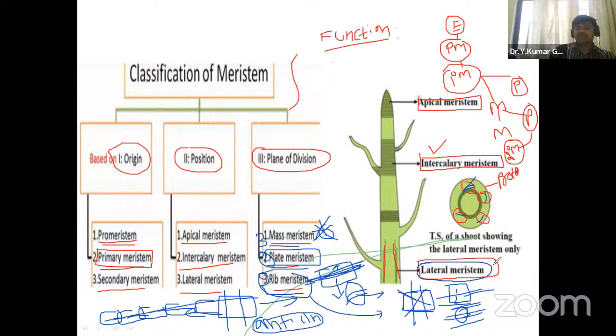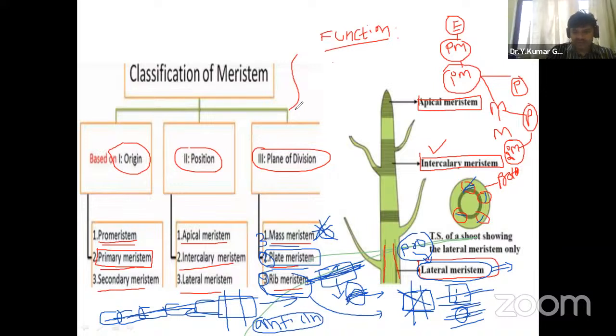From procambium, lateral meristem develops. Procambium cells are involved in forming phloem on the outer side and xylem on the inner side, with the cambium in the middle.